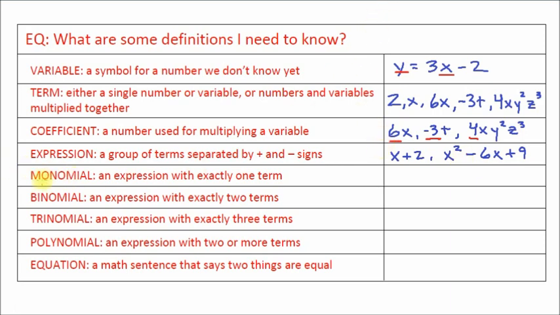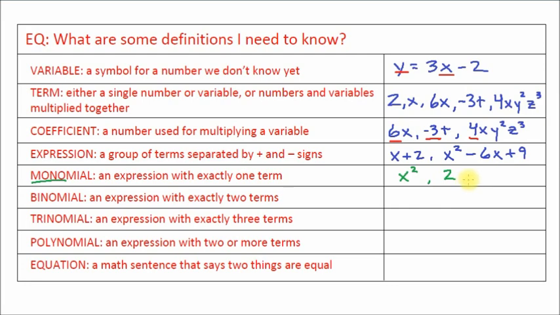Alright, next one, let's switch gears. A monomial. Mono actually means one. So a monomial is an expression with exactly one term. An example of a monomial is x squared. In fact, take a look. All these terms up here, every one of these is a monomial. A monomial could also be just the number 2.